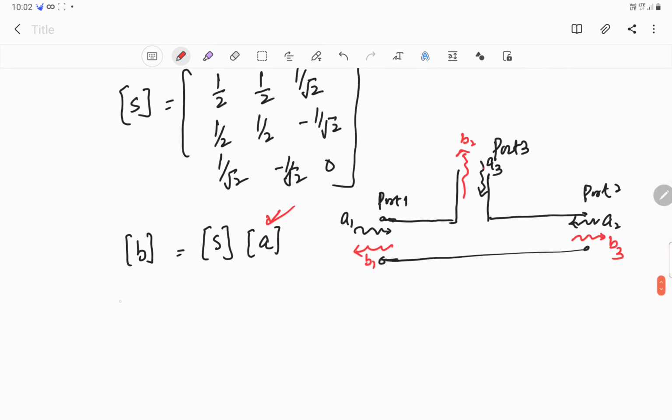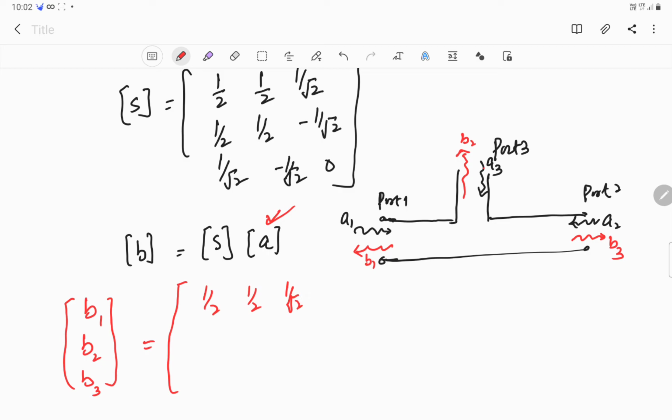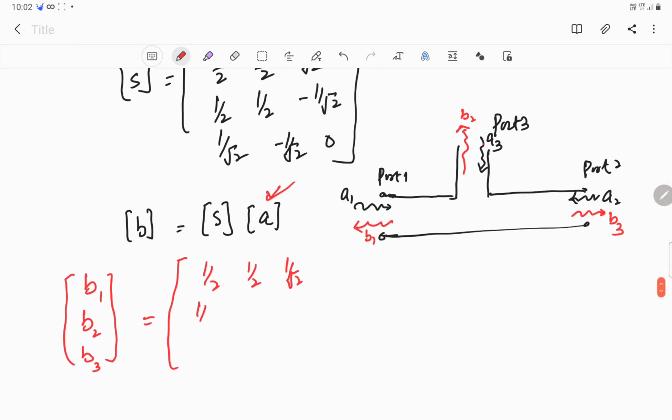So I can write B1, B2, B3, the reflected waves, as related by this S matrix, which is 1 by 2, 1 by 2, 1 by root 2; 1 by 2, 1 by 2, minus 1 by root 2; 1 upon root 2, minus 1 upon root 2, 0, times the incident waves A1, A2, A3.